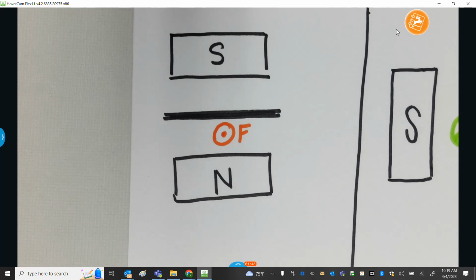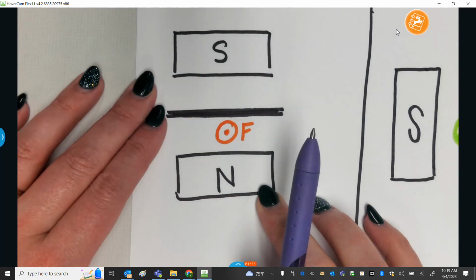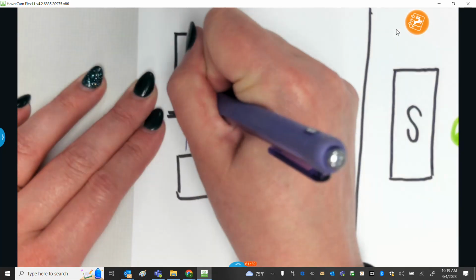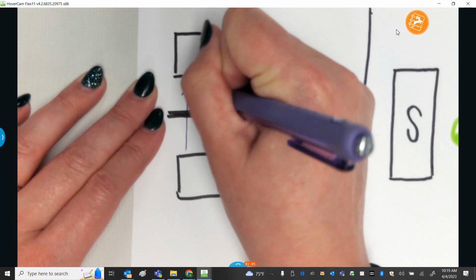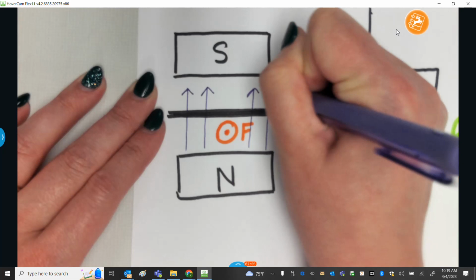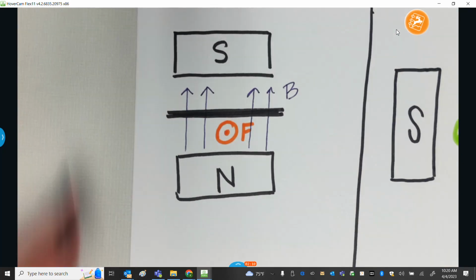And I know what the magnetic field is doing because the magnets are labeled here. There is a north pole and a south pole. We just said in the first question that our magnetic field always goes from north to south. And so although it's not drawn in, we need to add the magnetic field so that we can see which way that field is going. Okay, so that is my magnetic field.